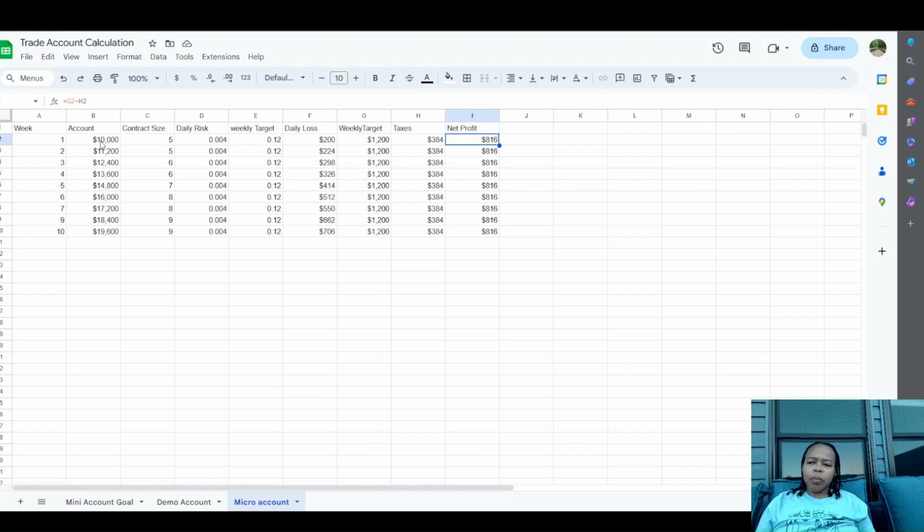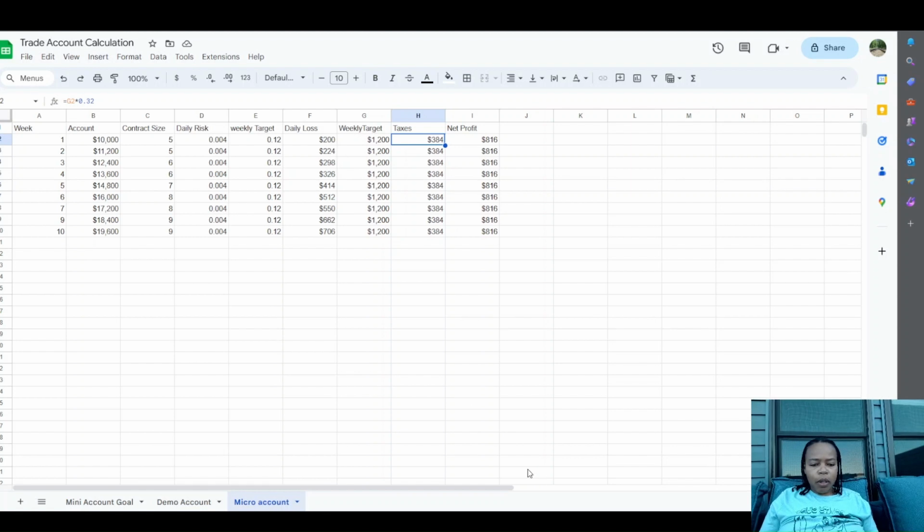The net profit should be this plus, okay, so that's the taxes, 1,200 net profit. Yeah, I guess for the week is going to be the same, and the taxes will be the same, but the account is growing. The amount of contracts will change how much the weekly goal will be. Yes, just thinking through that.